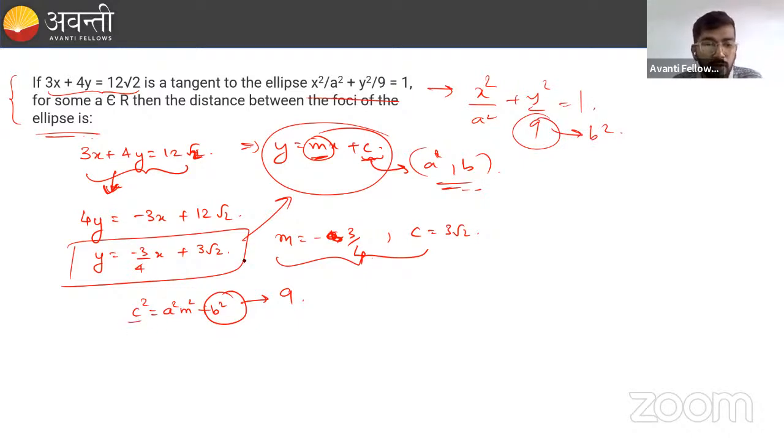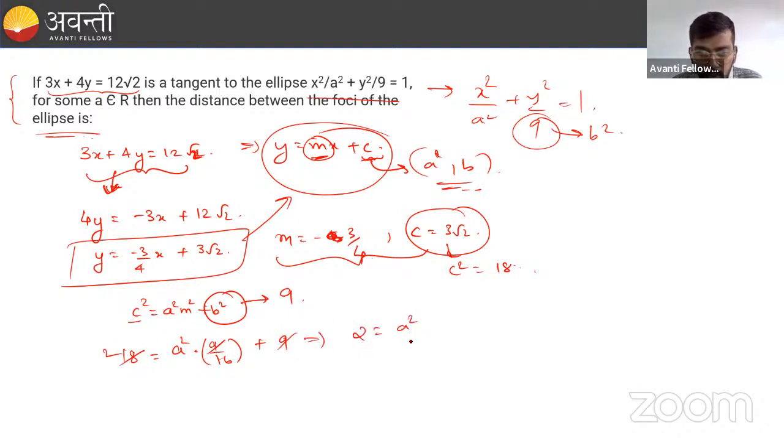So what will be the value of c square? c is 3 root 2, so c square will become 18, right? So we will write this as 18 equals to a square m square plus b square. m is minus 3 by 4, so m square will be 9 by 16, plus this b square will be 9. So we can see that this 9 comes out to be common. 18 divided by 9 becomes 2. So this will become ultimately 2 equals to a square by 16 plus 1.